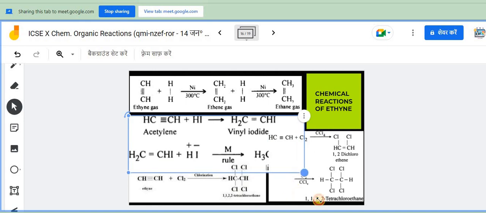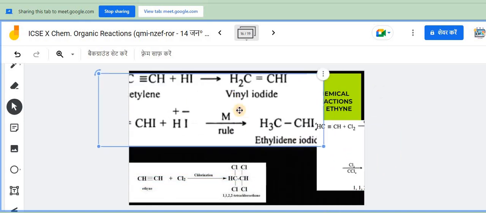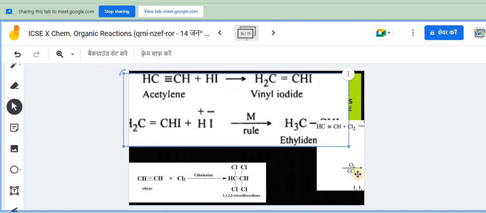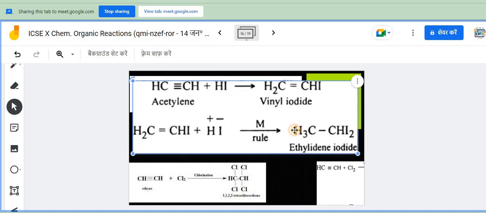The second reaction is addition of HI. Let me make it separate here. Now you can see the reaction. Acetylene, when you add HI, the triple bond changes into a double bond. Is it clear?